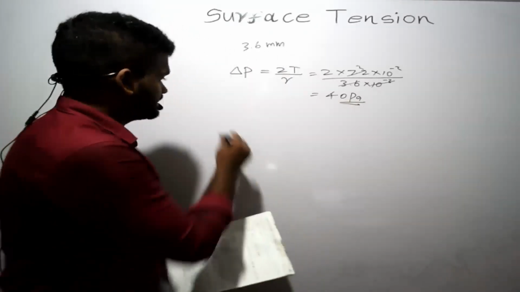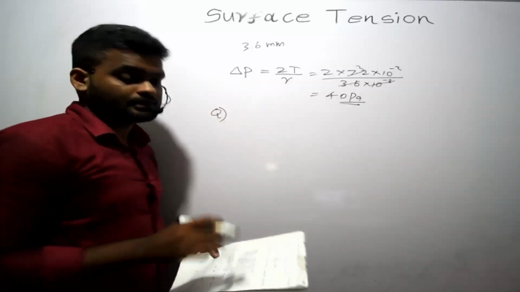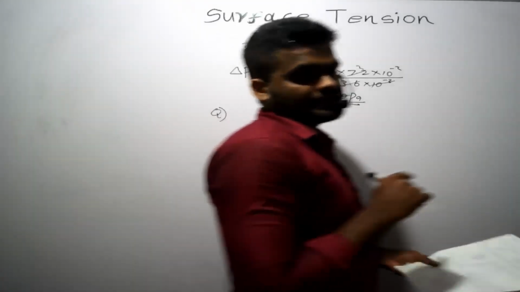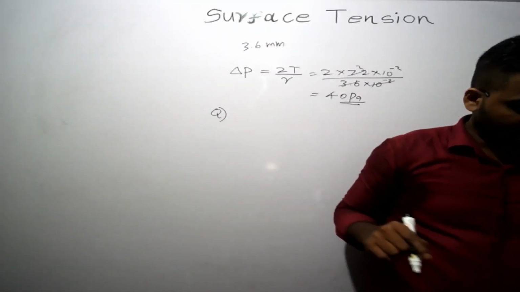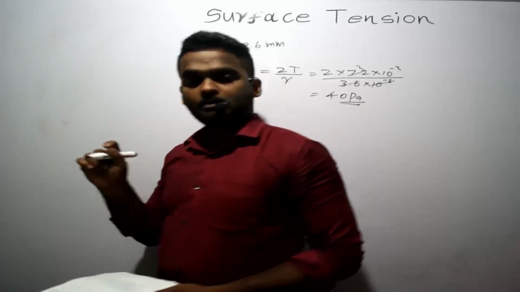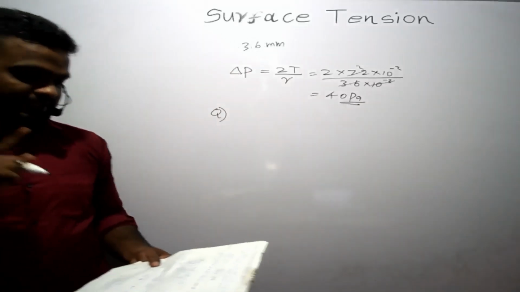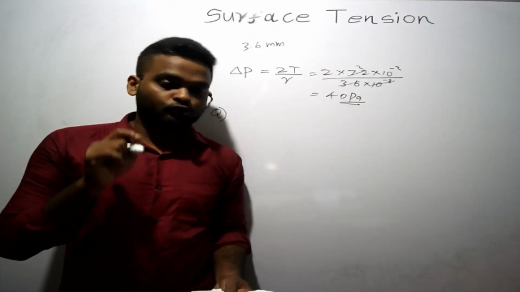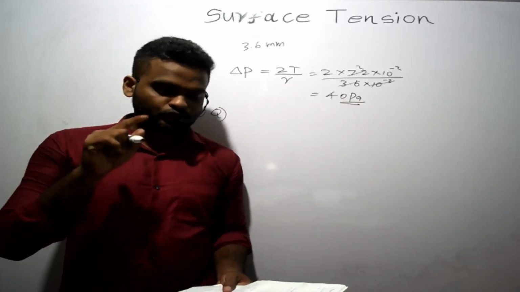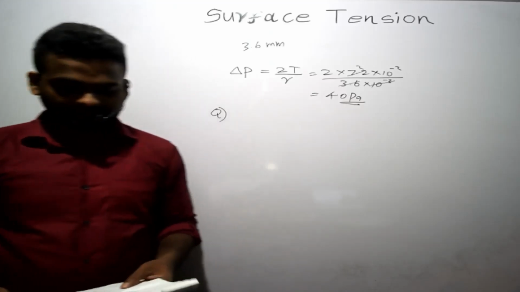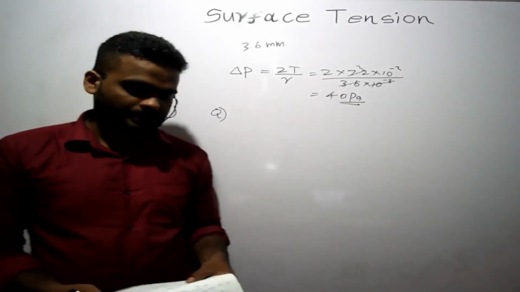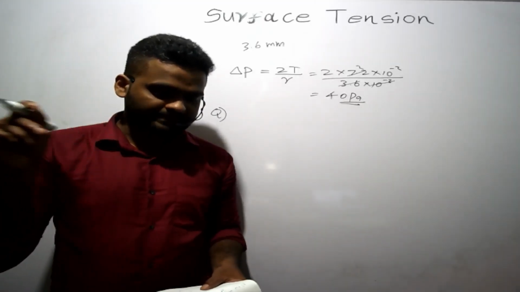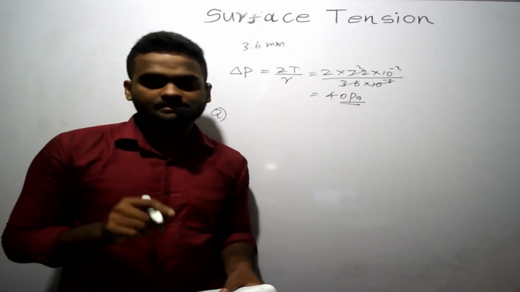Okay, we'll try another question. Write down: find the internal pressure of an air bubble with radius 2 millimeters at a depth of 3 meters.